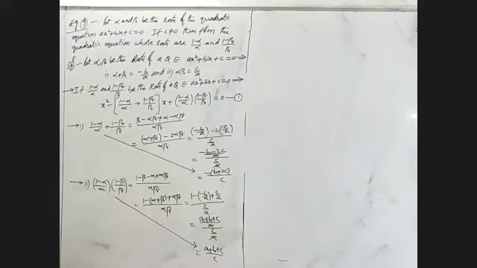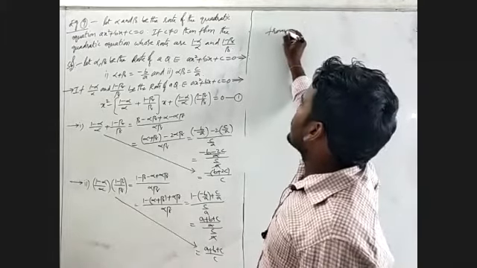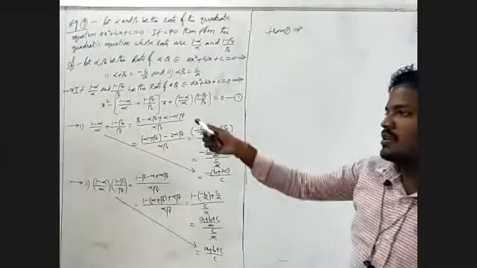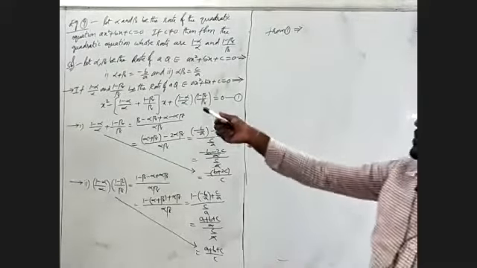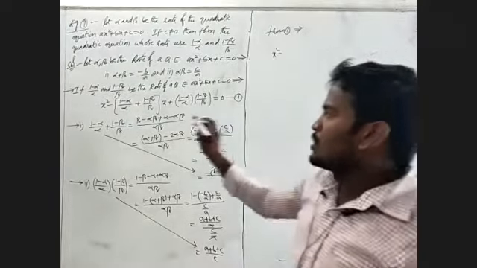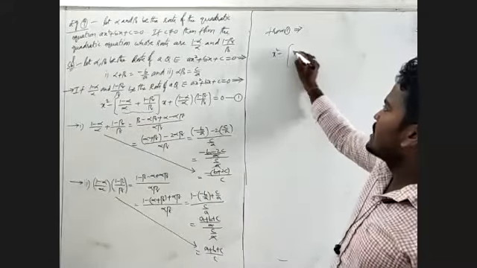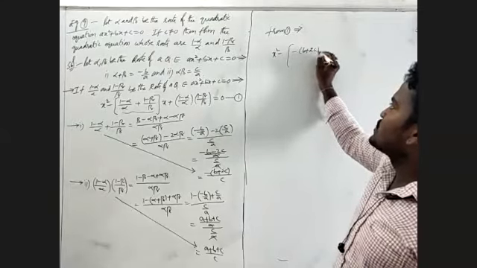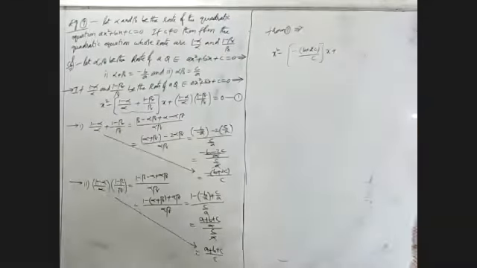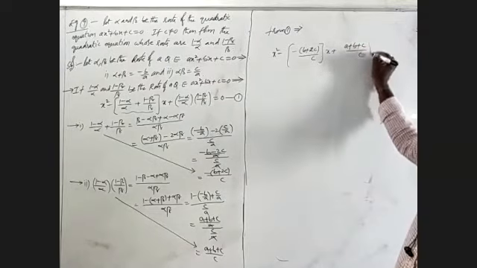Now I am going to form equation 1 with the given condition. We know the values of the sum and product, so I will write x square minus (minus b plus 2c by c) into x, plus a plus b plus c by c is equal to 0.